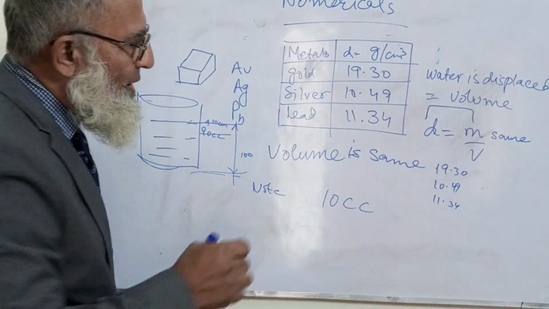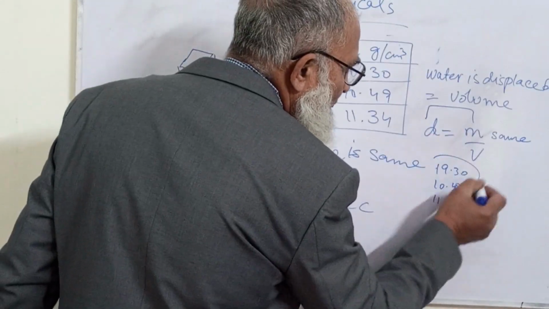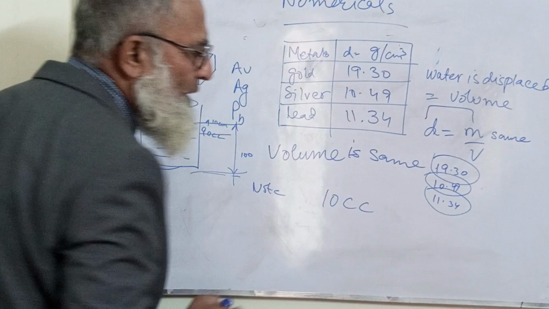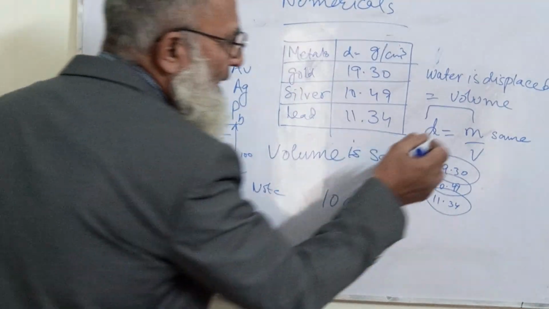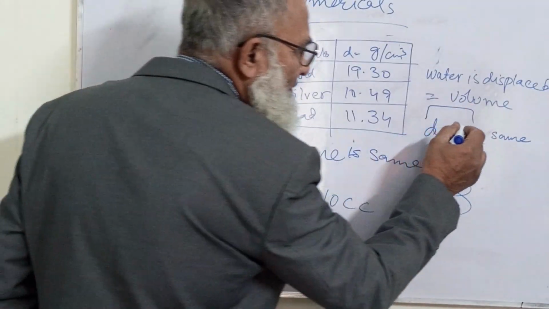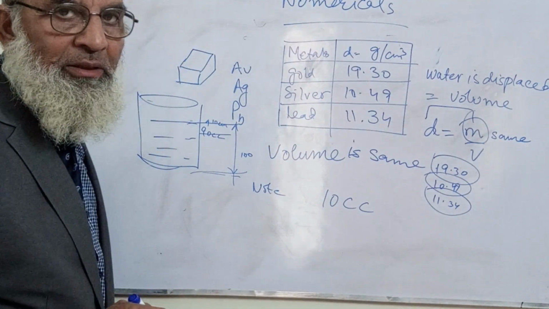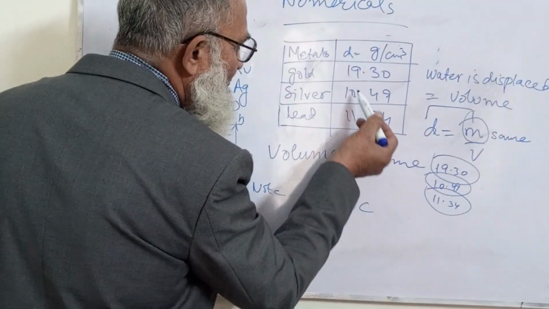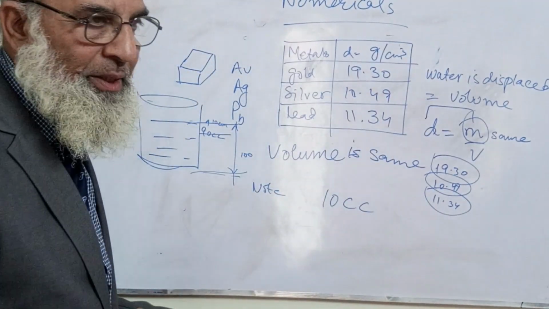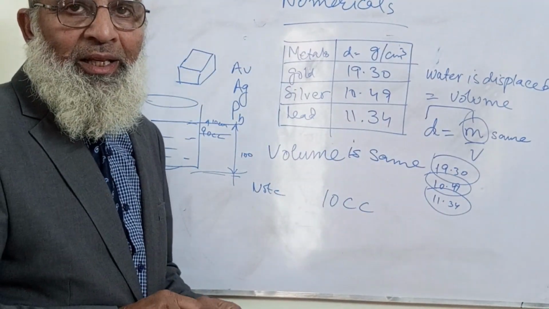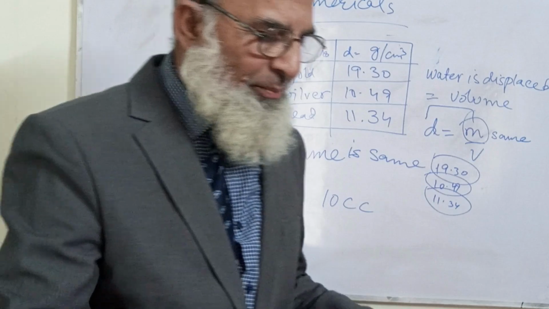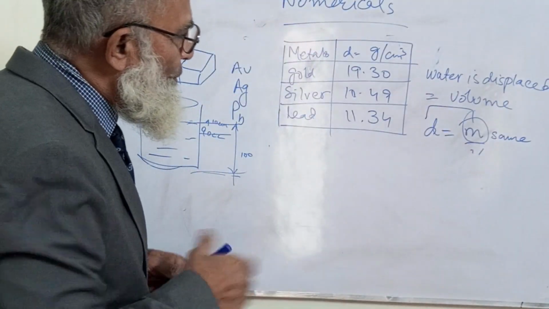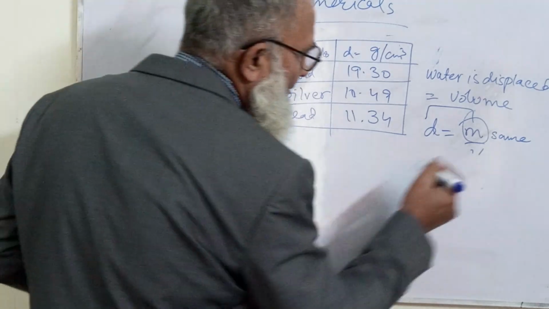The density is always fixed for gold, for silver, and for lead. But in the second condition, we have taken the mass also as constant. What will happen? Can anybody tell me? Let me demonstrate by doing one example.